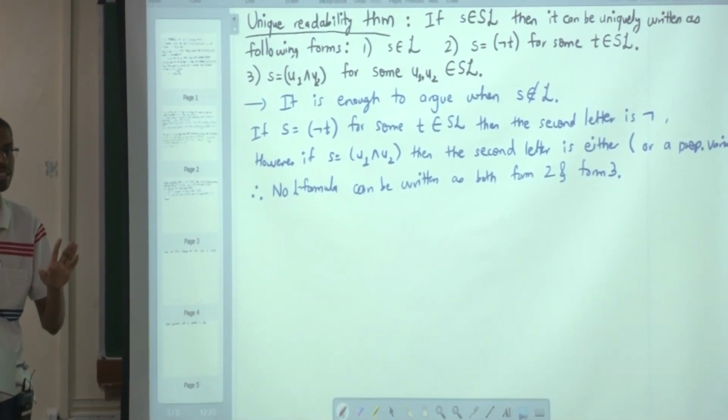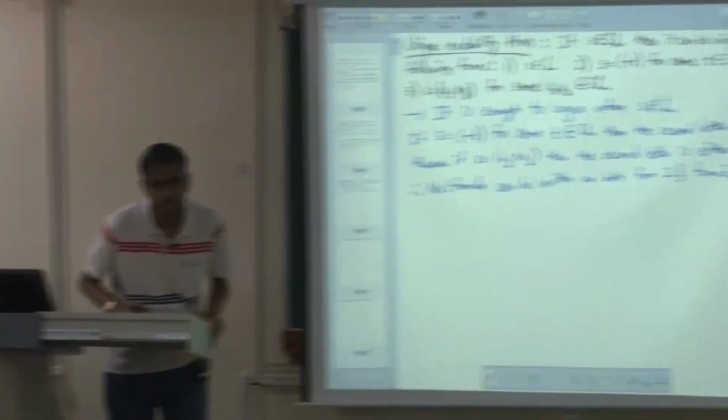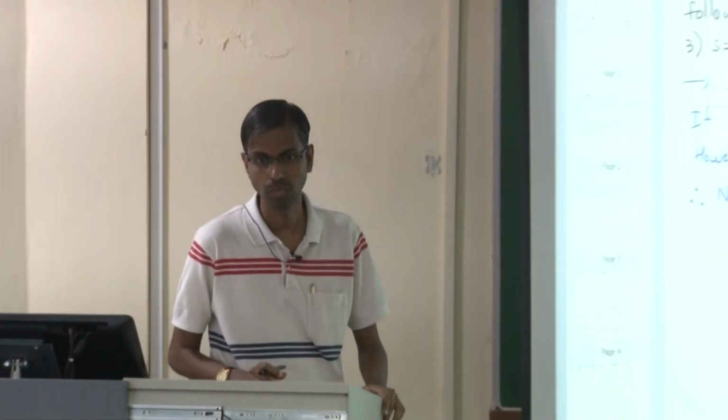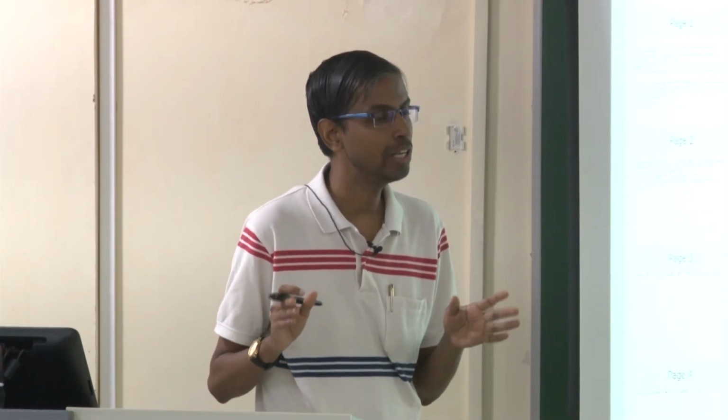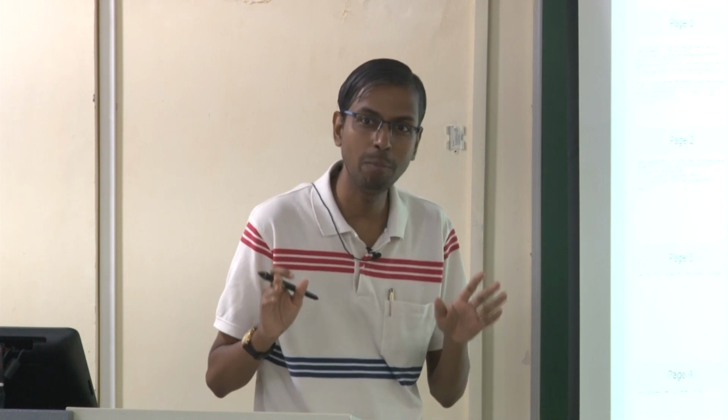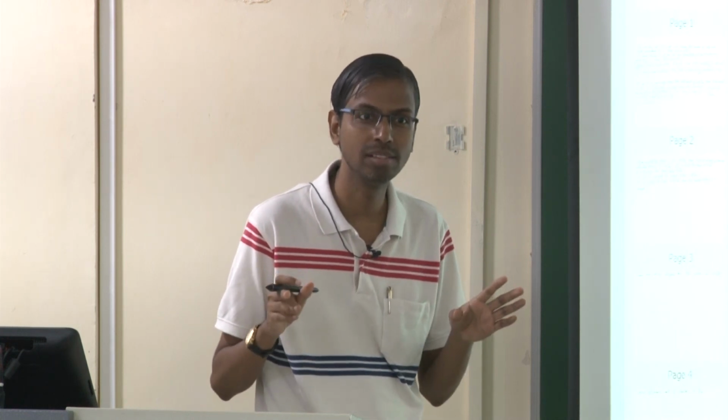Any other questions? Yes? Sir, is it necessary for every formula to have a unique string? I mean, you just don't want to solve this question. All of you know coding. In coding, don't you have to be precise, otherwise there are bugs?